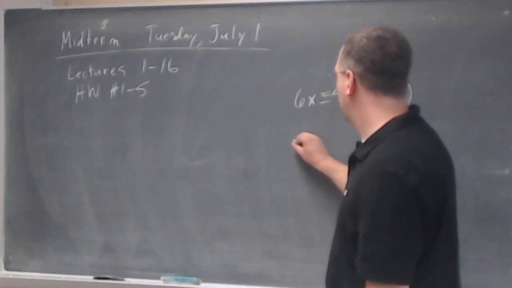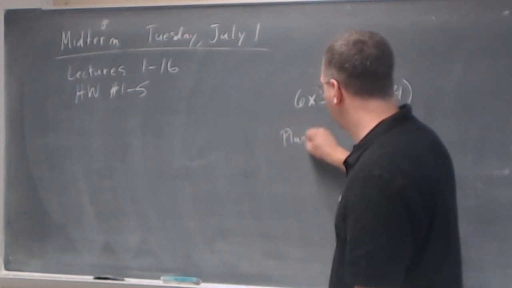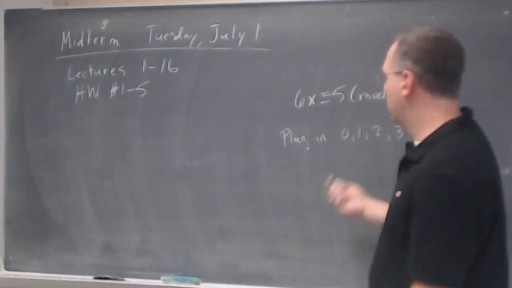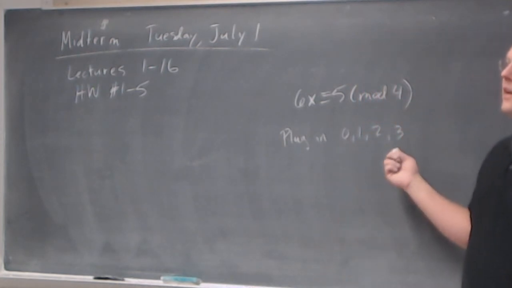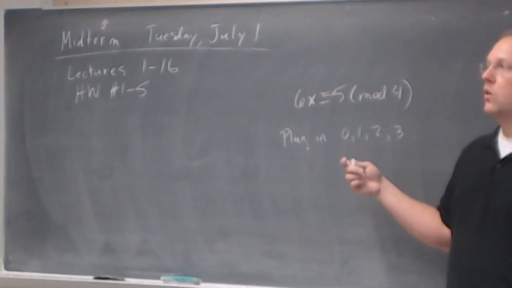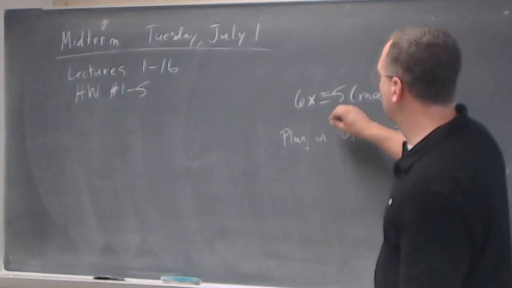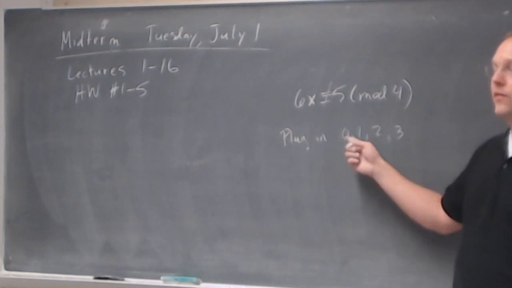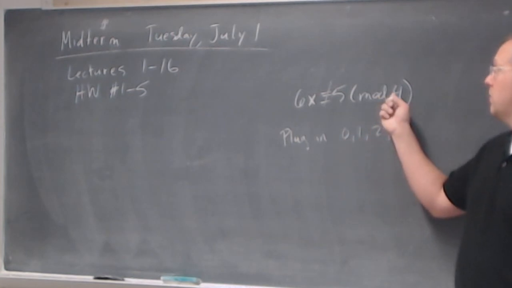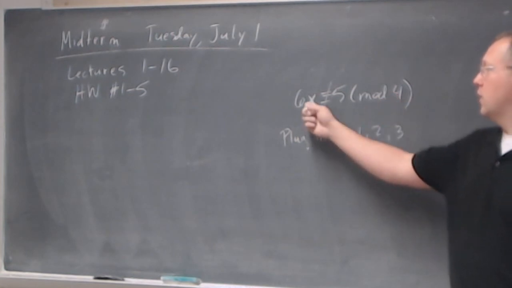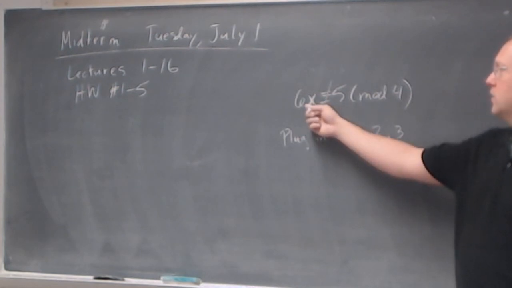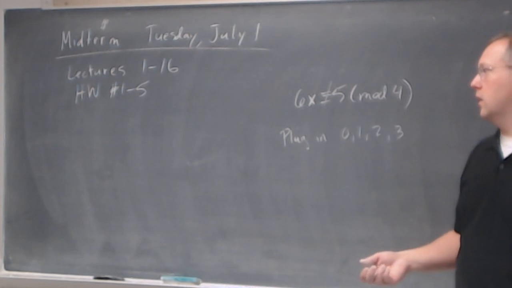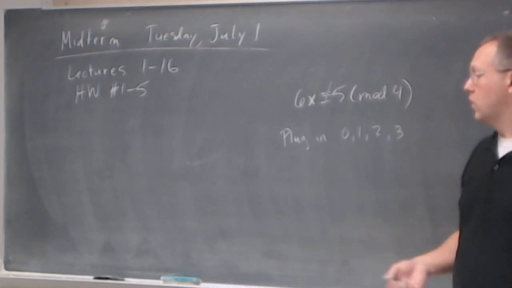Plug in 0, 1, 2, and 3. If you use a complete set of residues mod 4, you can show that no residue would give you a solution. That's another way to show that a congruence is not solvable.